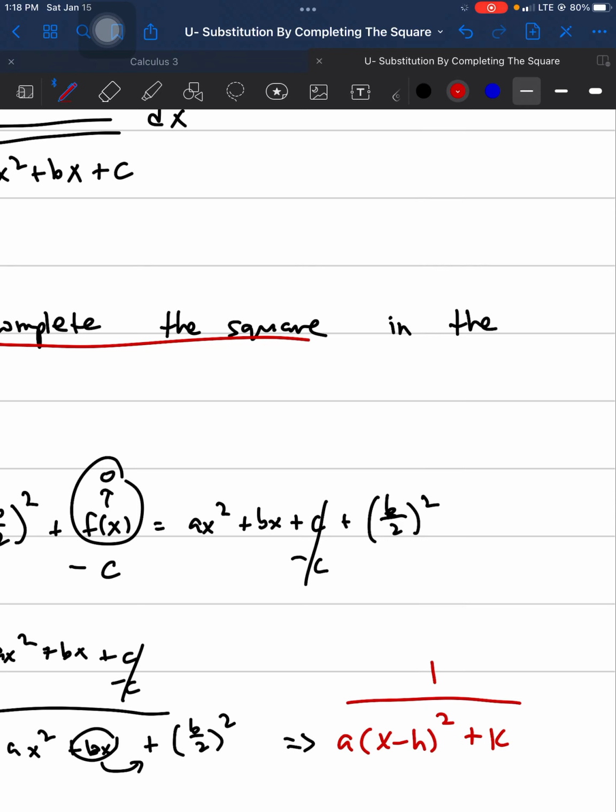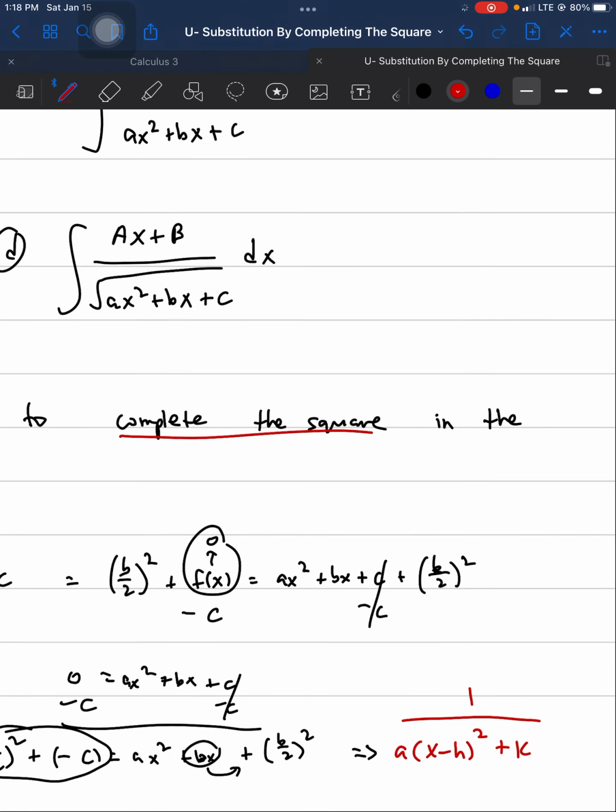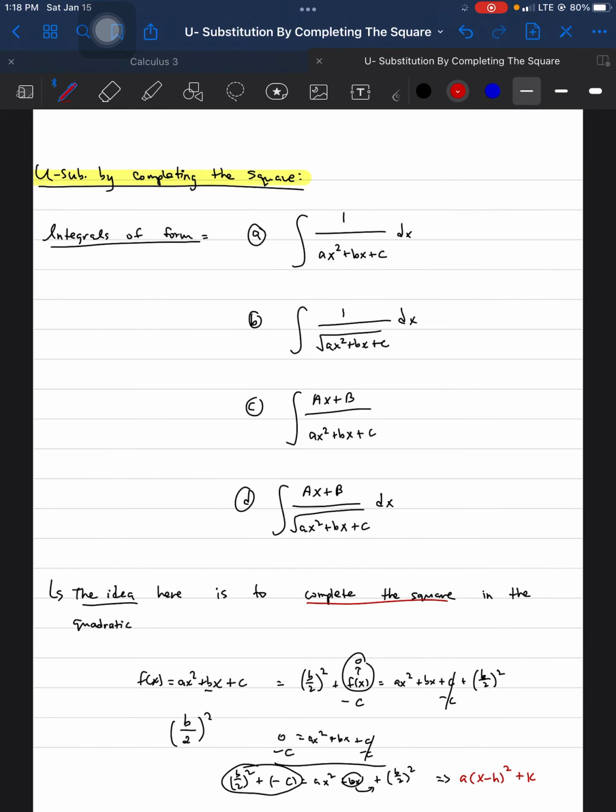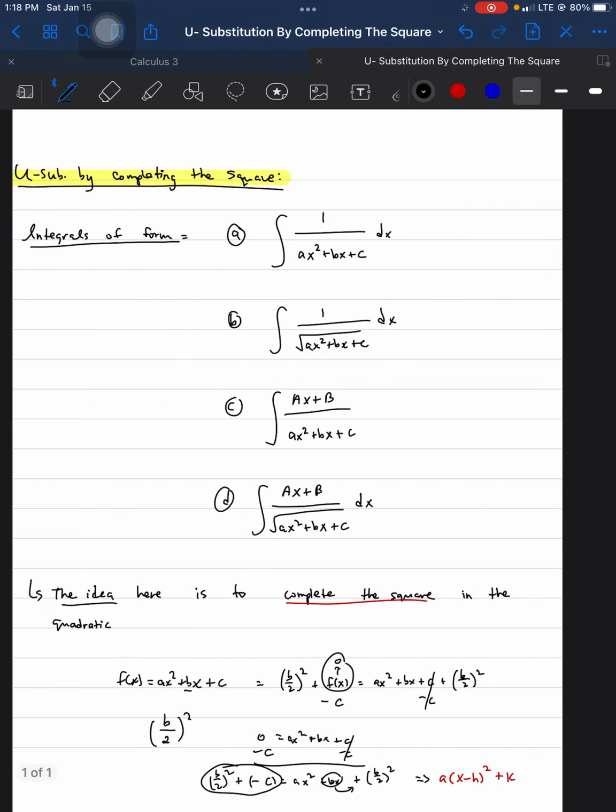So we can actually split this fraction up, actually not even split the fraction up. There's going to be an integral rule generally that's going to allow us to integrate. So that was just completing the square.